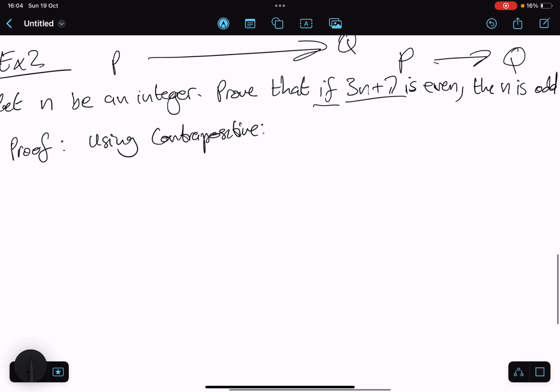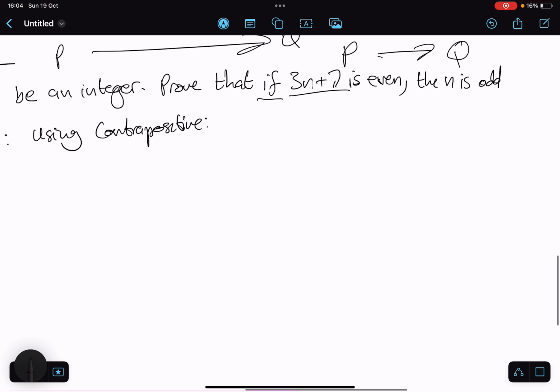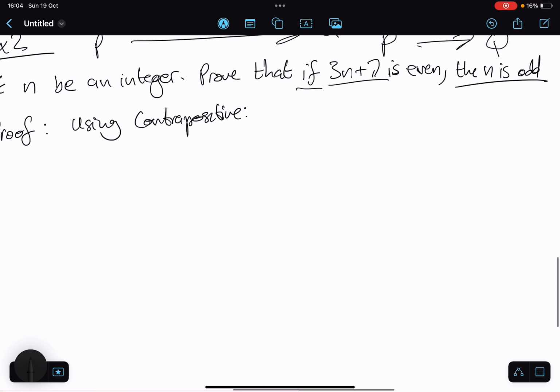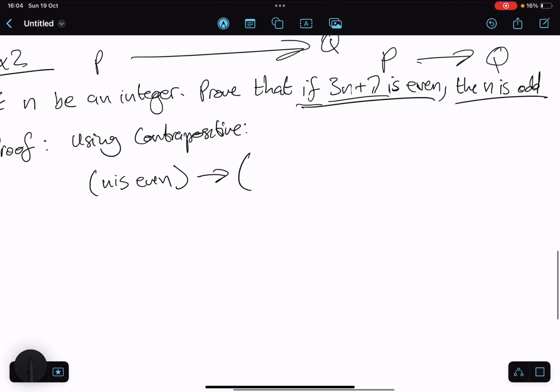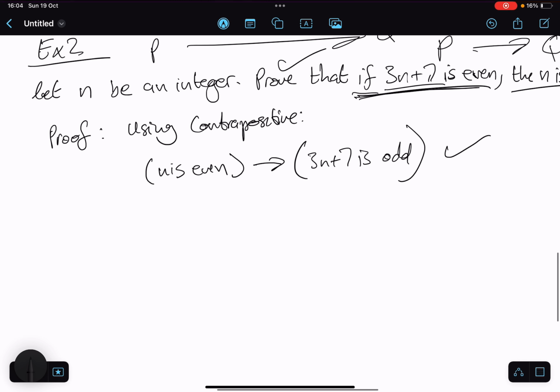Using the contrapositive, we are now taking the negation of this. We are going to say n is even, and this implies the negation of P, which is 3n plus 7 is odd. If you can prove this statement, the original statement is automatically true.